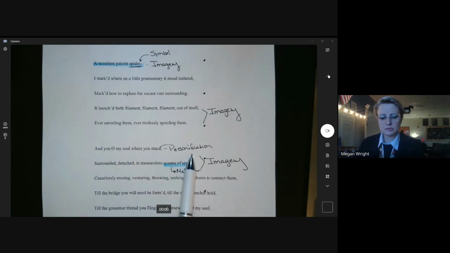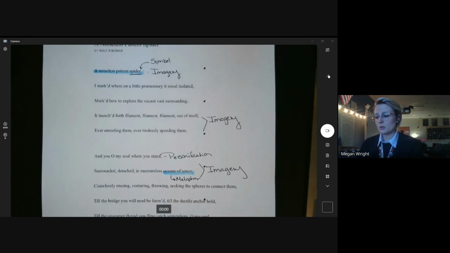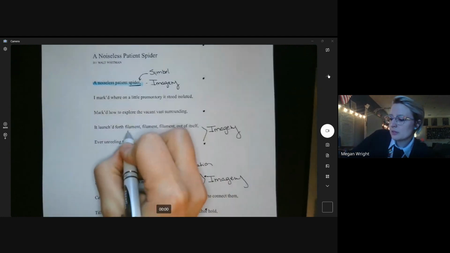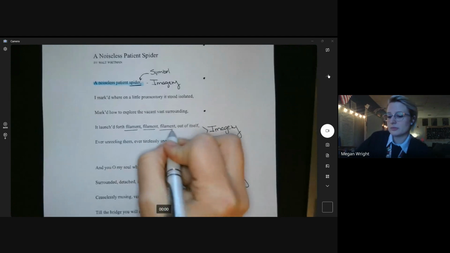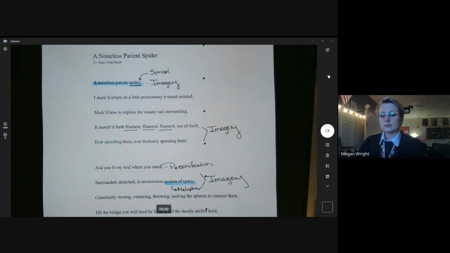So we could look at this personification, and then we can look at some of the other things that the author does, not just figuratively, but in terms of authorial choices and poetic devices. So we see the repetition of the word filament here and discuss why. Why would we repeat this word?